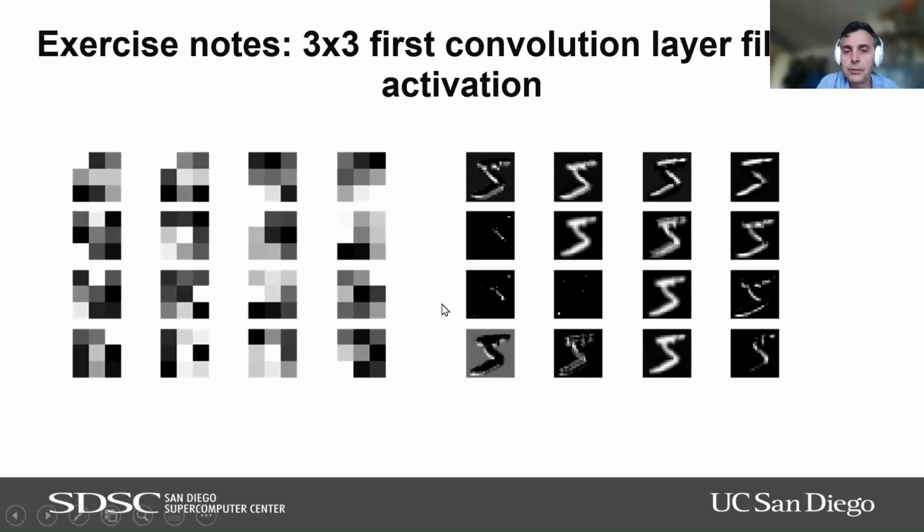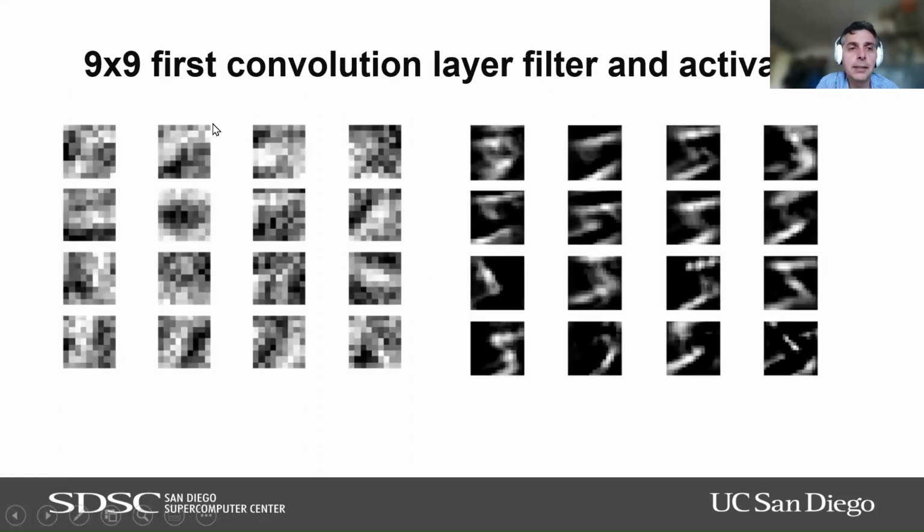But what if we change the filter size? Here I said, let's use a 9x9 as the first convolution layer. So instead of 3x3, where I'm looking for granular stuff, now I'm looking for 9x9 stuff. The filters themselves are, again, hard to interpret. It's tempting to say it's looking for an edge in this direction or that direction.